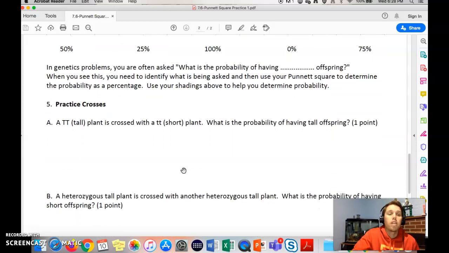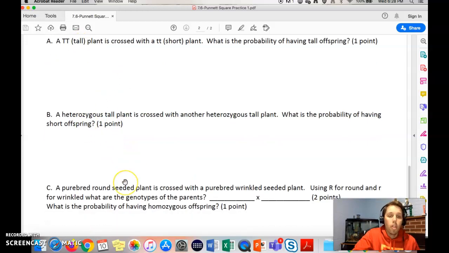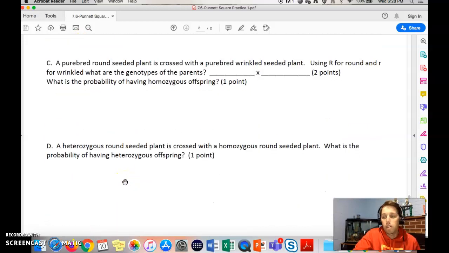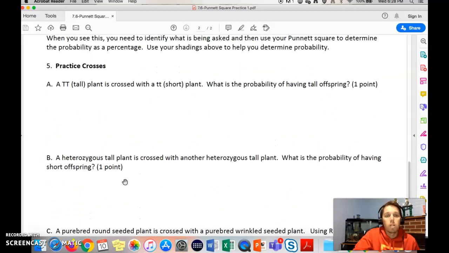And finally, there are 1, 2, 3, 4 different practice Punnett squares for you to do. In each one of them, it'll ask you to set up just like you did in the previous assignment, your cross, draw a Punnett square, put 1 parent on top, 1 on the side, fill in your 4 boxes, come up with your geno and phenotypic ratios, and then answer the question of, for example, what is the probability of having tall offspring?